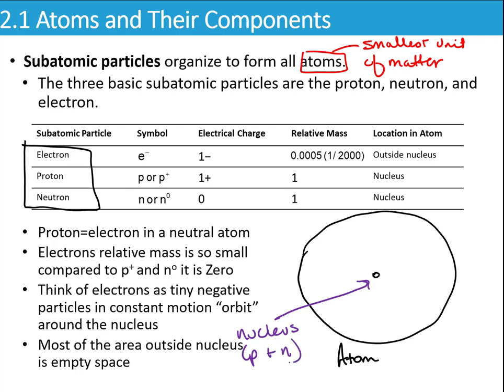Protons and neutrons are all smashed together in this very, very small, dense space. Electrons are found outside of the nucleus. So location is one way that they differ.